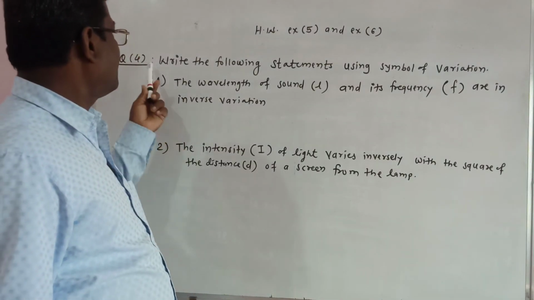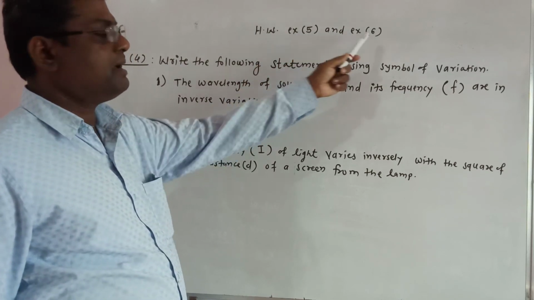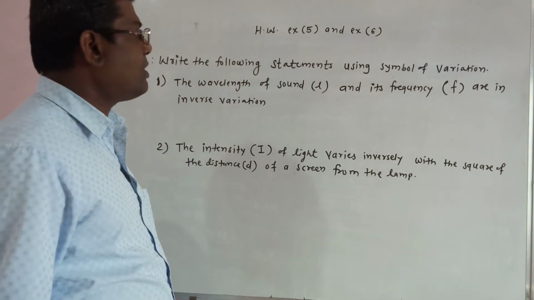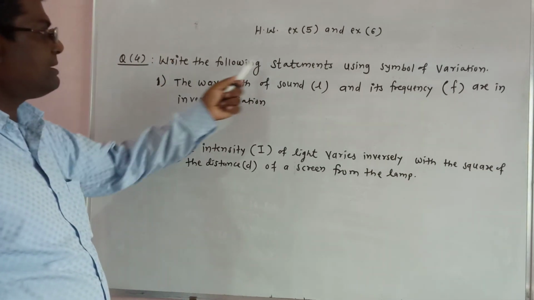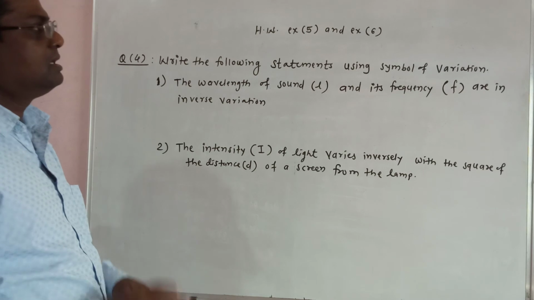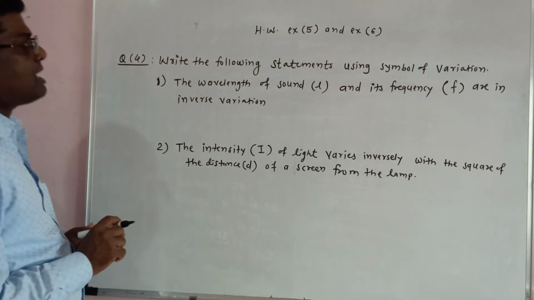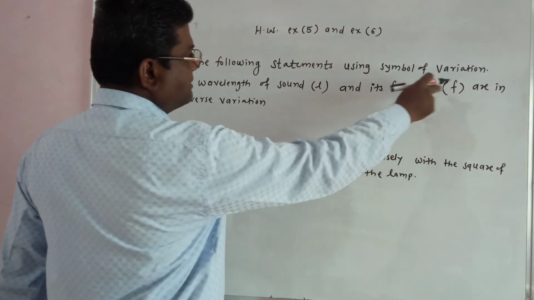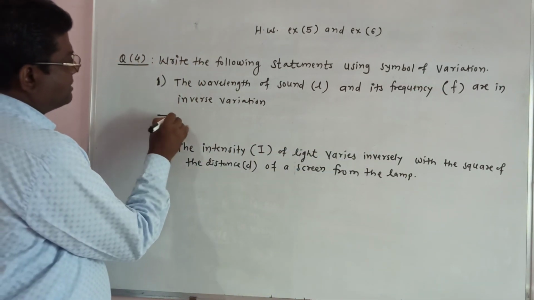Now let's solve example number 4. Example number 5 and example number 6 are for homework. Example number 4. Write the following statements using the symbol of variation. The wavelength of a sound, small l, and its frequency f are in inverse proportion.